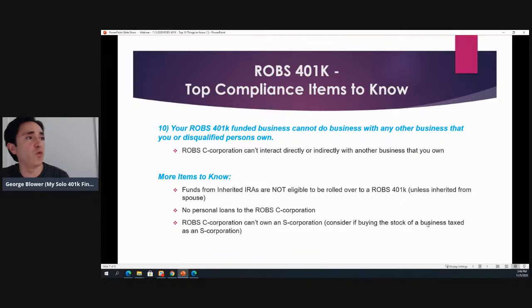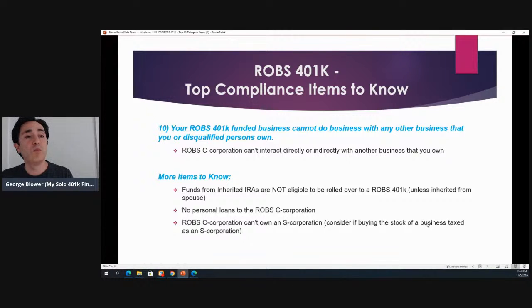So number 10, your ROBS 401k funded business cannot do business with any other business that you or a disqualified person owns. So a simple example, maybe quirky: let's say that it's a dairy farmer who wants to use a ROBS transaction to fund an ice cream business.